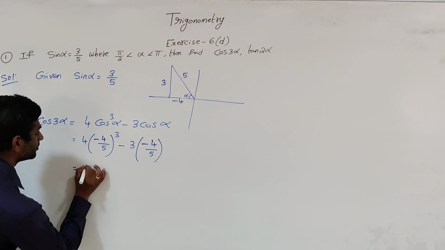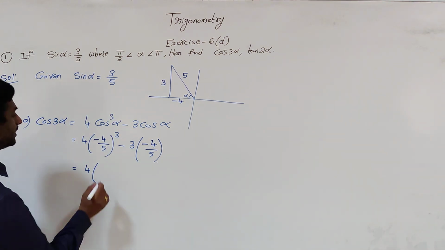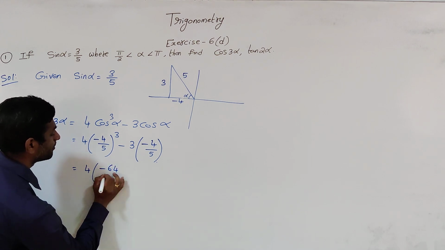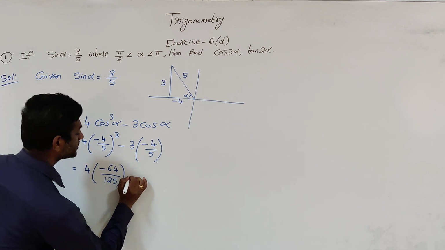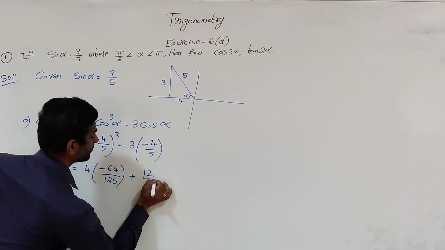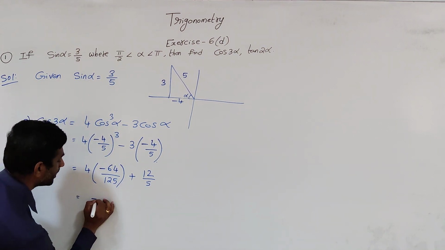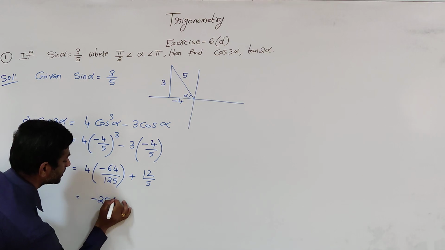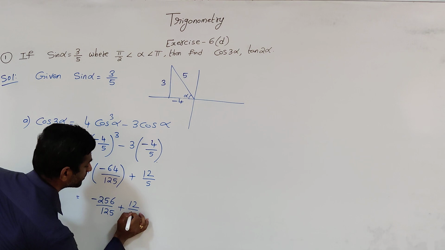So it will be 4 into minus 4 by 5 whole cube, it will be minus 64 by 125. Minus into minus becomes plus 12 by 5. And it will be minus 256 by 125 plus 12 by 5.